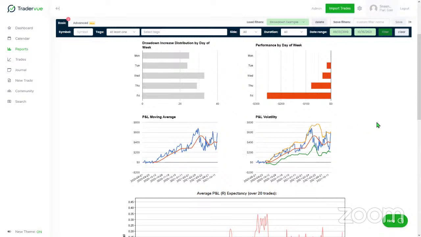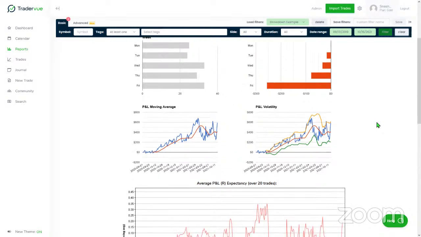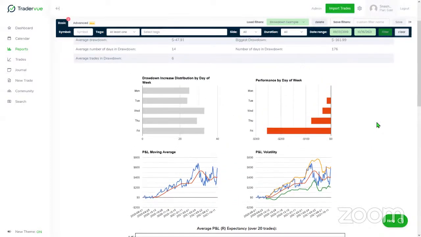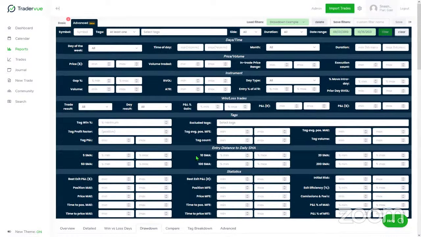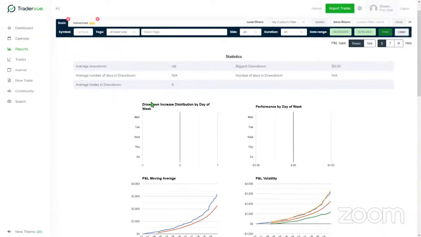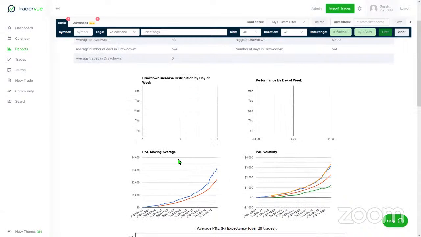Something else I wanted to show here, to wrap up the drawdown, is that if we go to the advanced filter, go to day result, and click here on winning, and filter by that, of course we're not going to have any drawdown or performance by day of the week, because we're talking about drawdown, but we're still going to have a P&L moving average here.